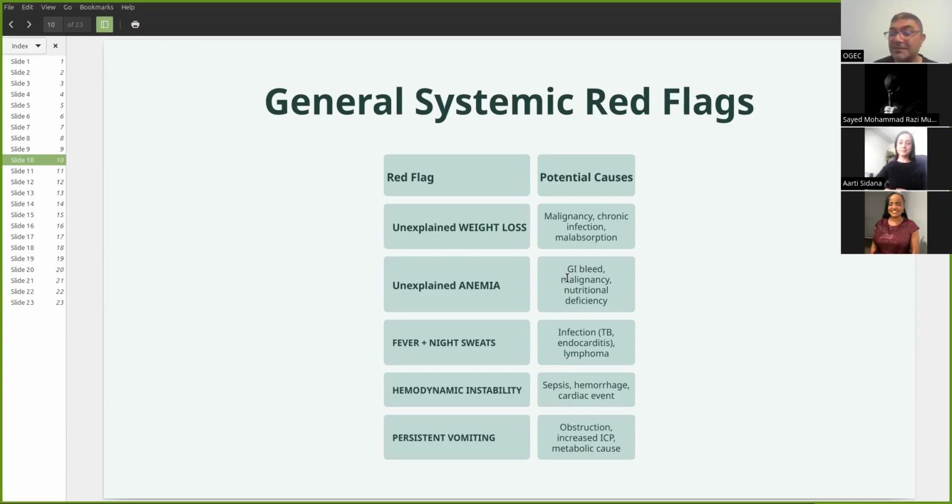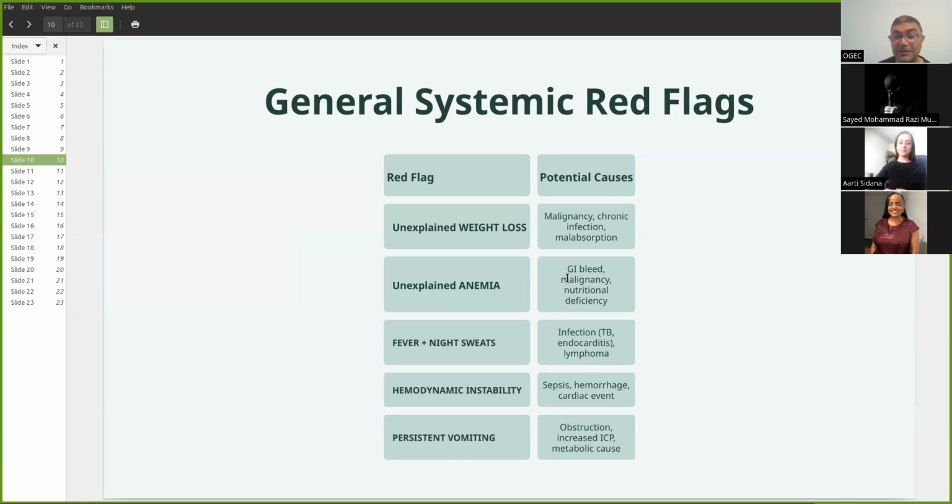If the patient has hemodynamic instability, then we may suspect sepsis, hemorrhage, dehydration, or a cardiac event. And if the patient has persistent vomiting, we may think about intestinal obstruction, increased intracranial pressure, or a metabolic cause.